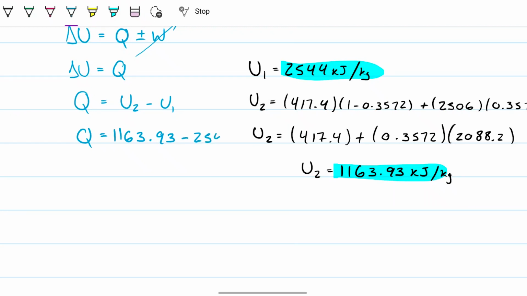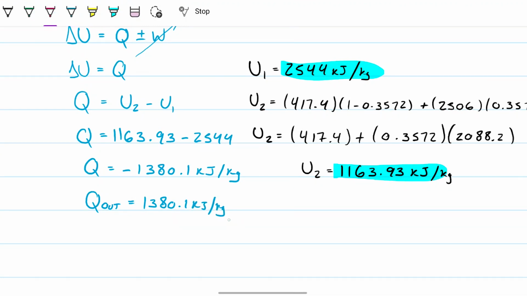So 1,163.93 minus 2544, therefore Q equals negative 1,380.1 kilojoules per kilogram. You can write it like that, or you can say heat leaves or heat out, and then you don't need the negative. Both are correct, both are your answers, both should be accepted.